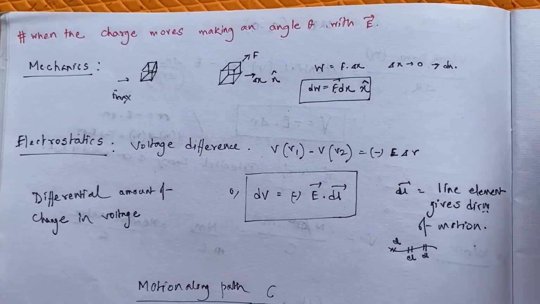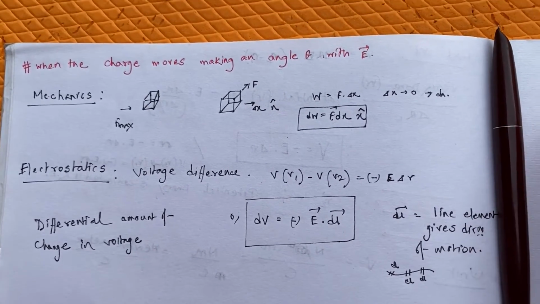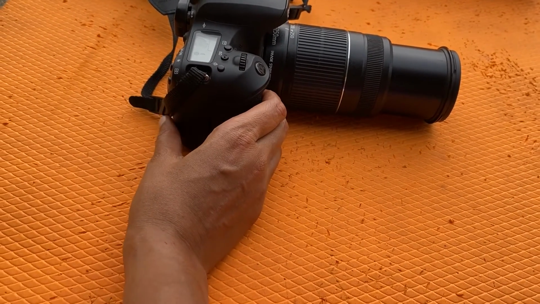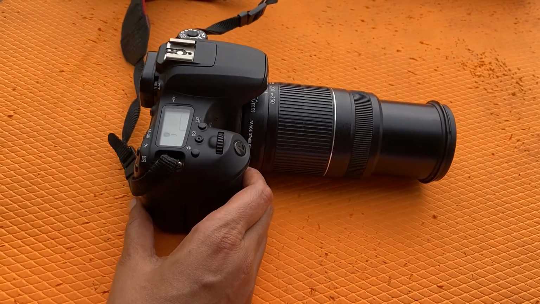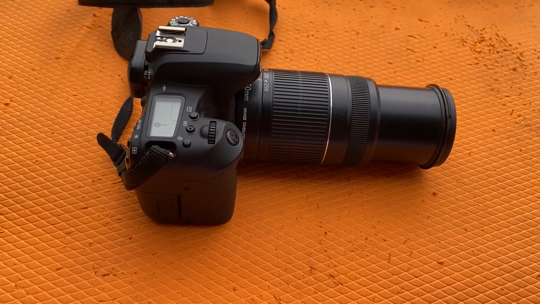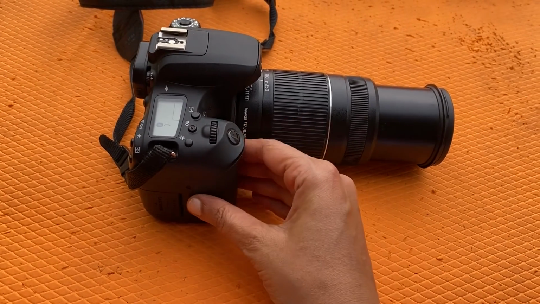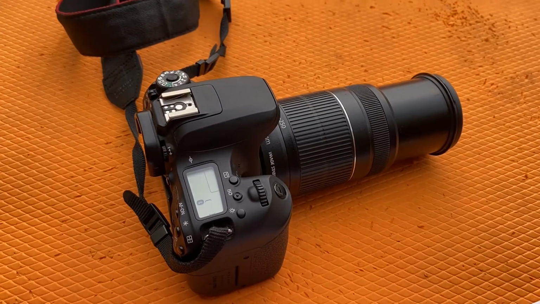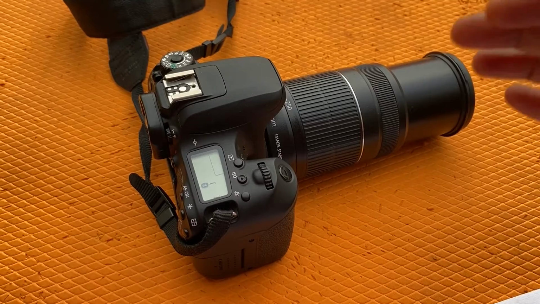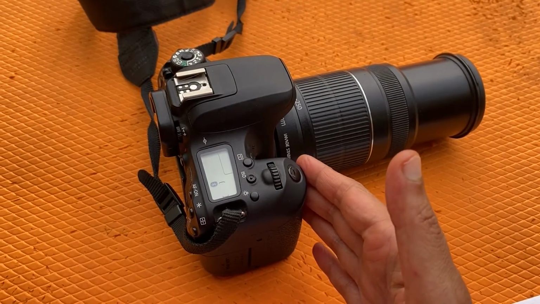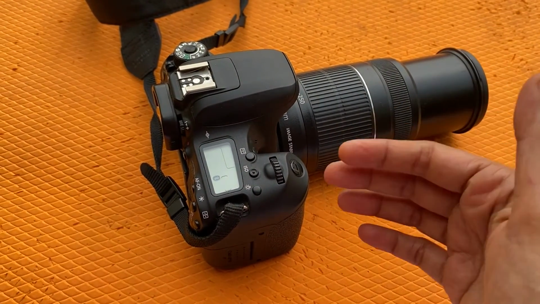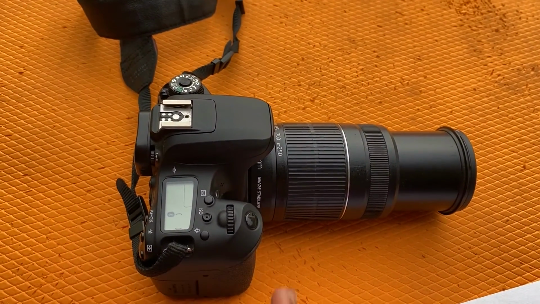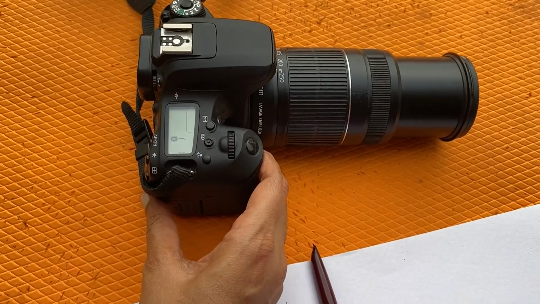Now, from our knowledge of mechanics, we know that if we apply force on an object and pull it like this, it will experience the maximum amount of force, and if we pull it like this, the entire force, that is the maximum force, will not be experienced, or the work done here is not the same as the work done when we apply the force like this.